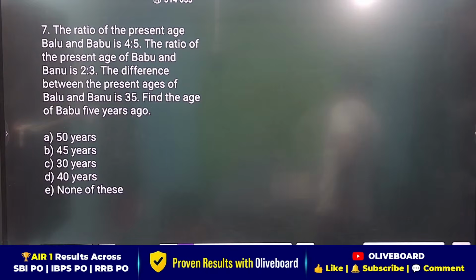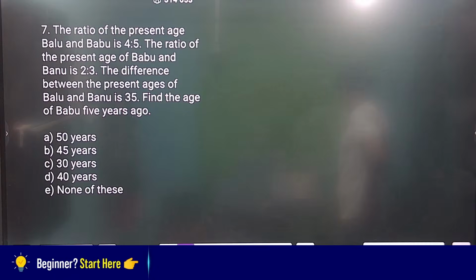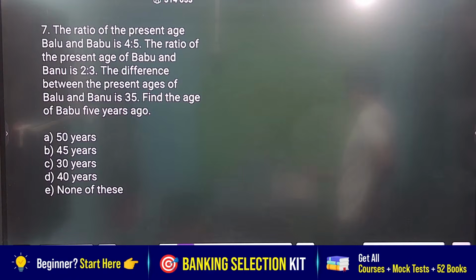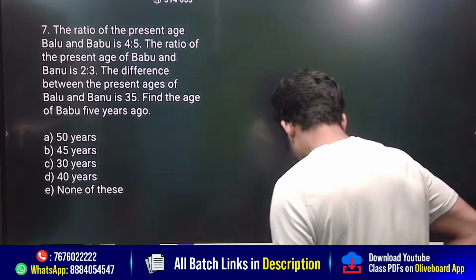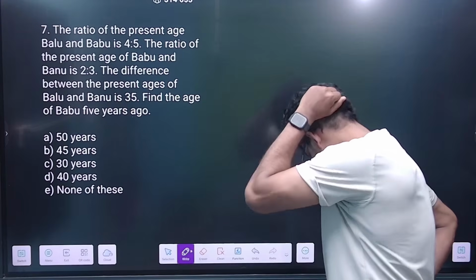The ratio of Babu is 4:5. The ratio of Babu and Banu is 2:3. They're different now, Babu and Banu. Oh, you're answering very fast. Why is it so?